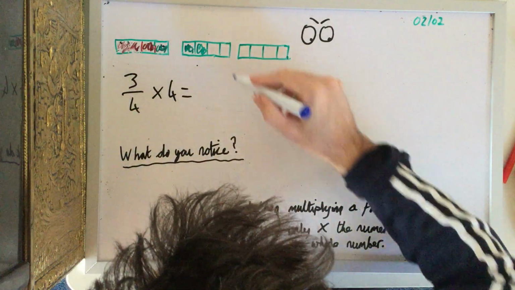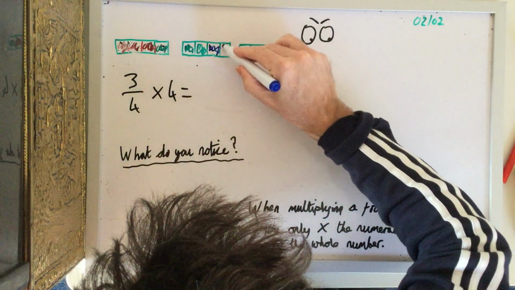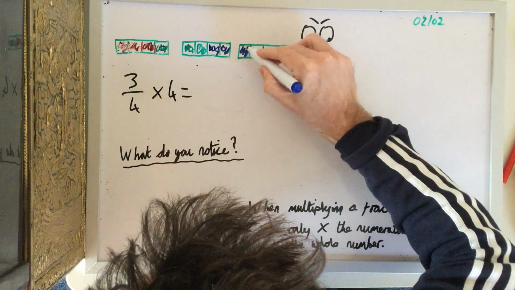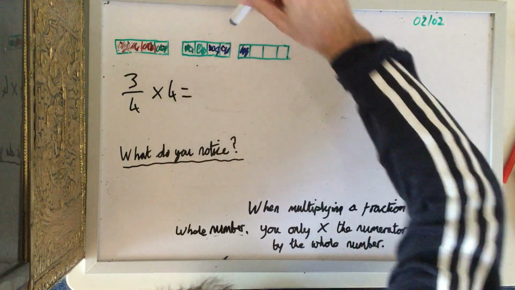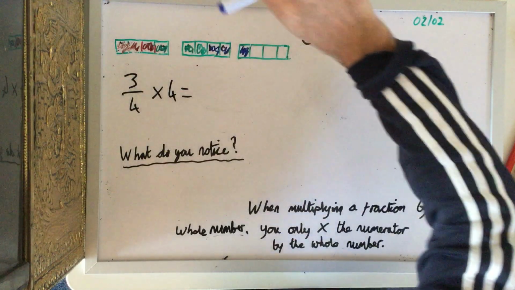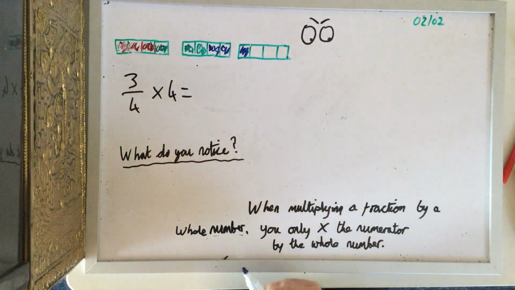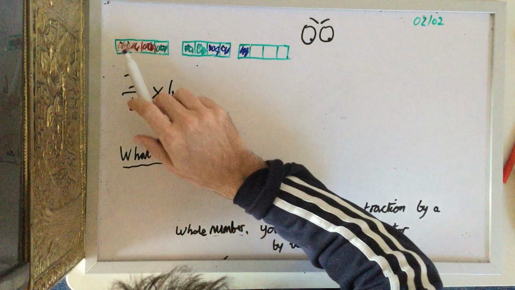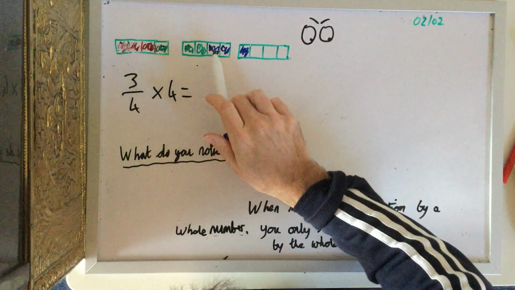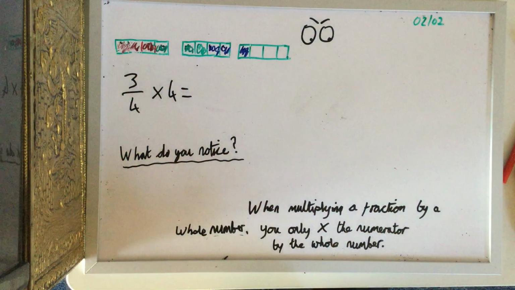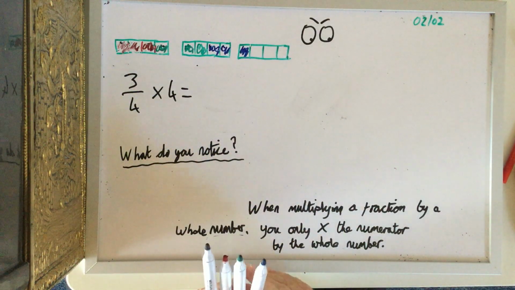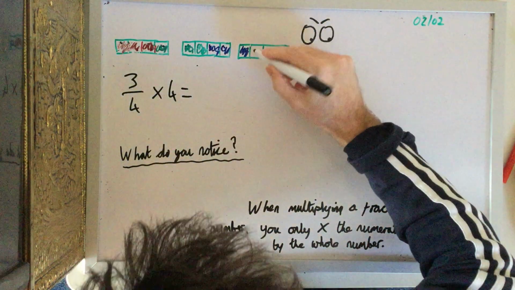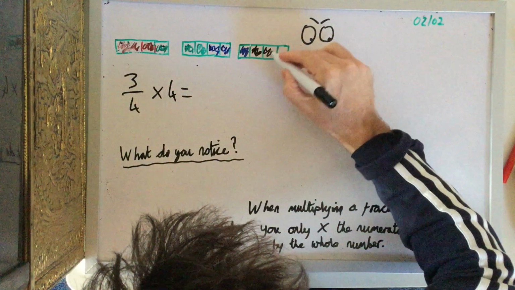If I add another 3/4, the third lot of 3/4, now we've got 2 wholes and 1/4, so 2 and 1/4, or individually 1, 2, 3, 4, 5, 6, 7, 8, 9, so 9/4. And then lastly, the last 3/4 added.